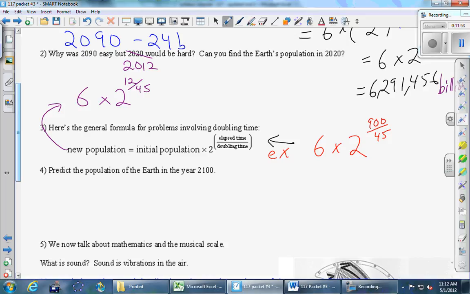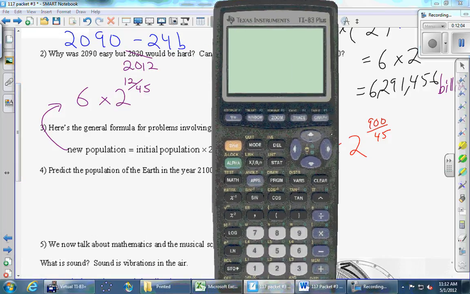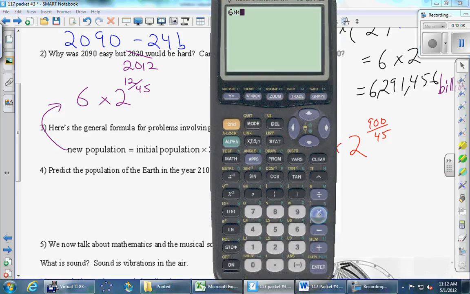Okay, so this, all right, 7.2 or 7.6. So let's make sure we type this in carefully. This is definitely a calculator example. So if I type this in, there's one thing you got to be careful about. 6 times 2 to the 12 over 45.